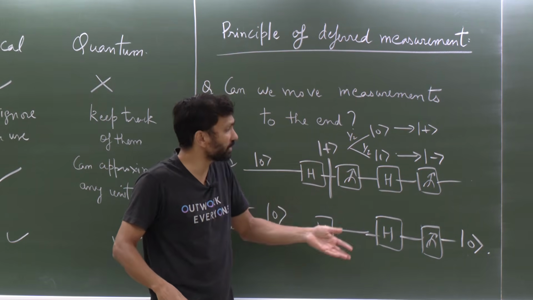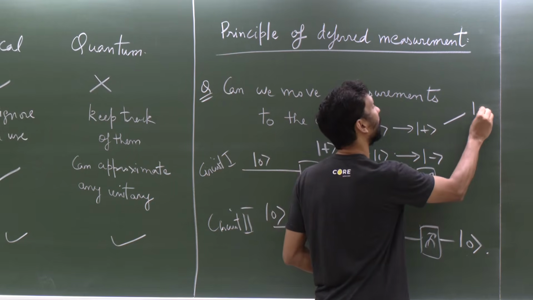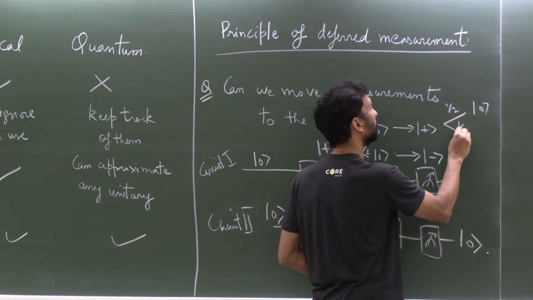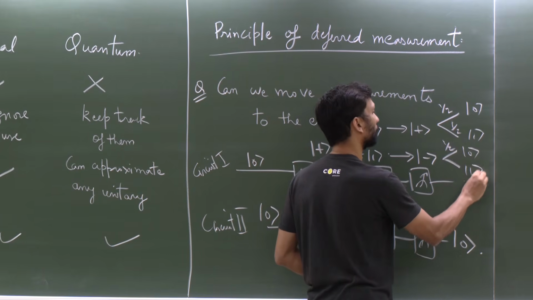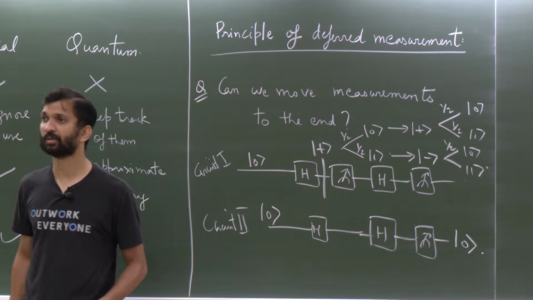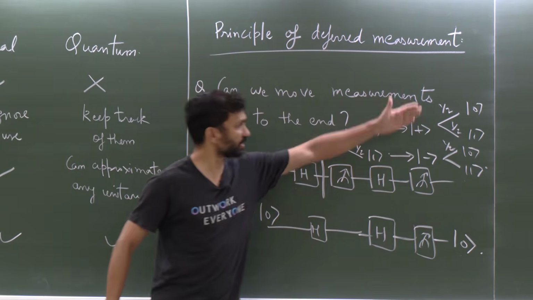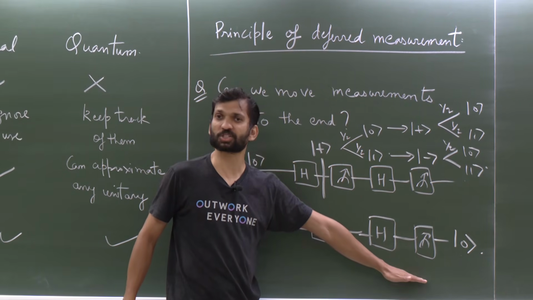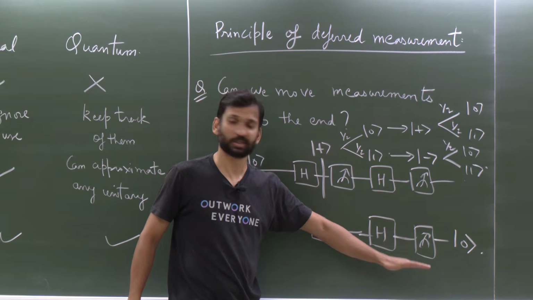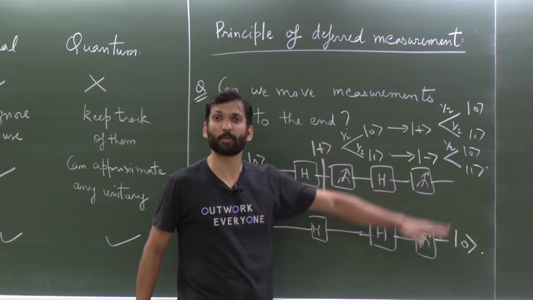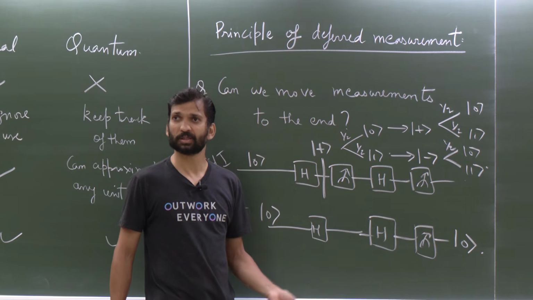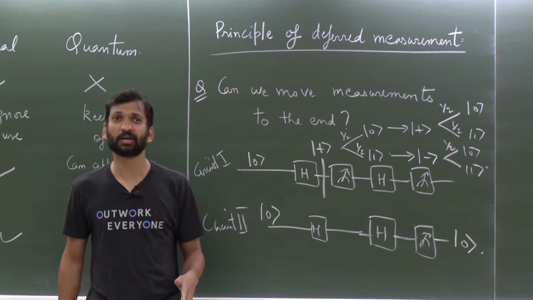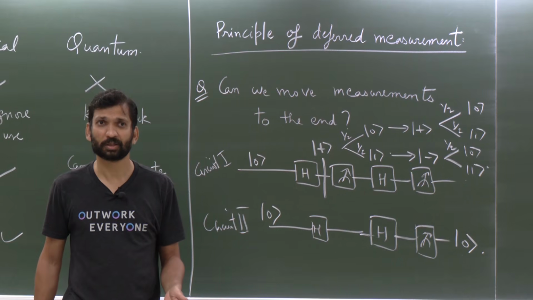And in both these cases, I will measure 0 with half probability, 1 with half probability. Right? So the statistics I obtain here is very much different from the statistics I obtain here. I will never obtain 1 here. Here I will obtain 1 with half probability. Right? So clearly these two circuits are not equivalent.